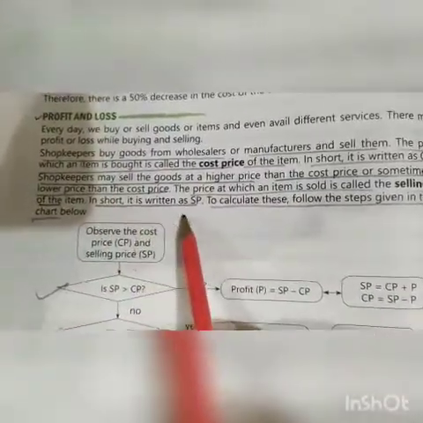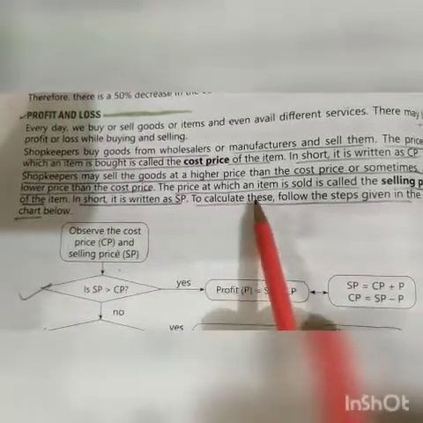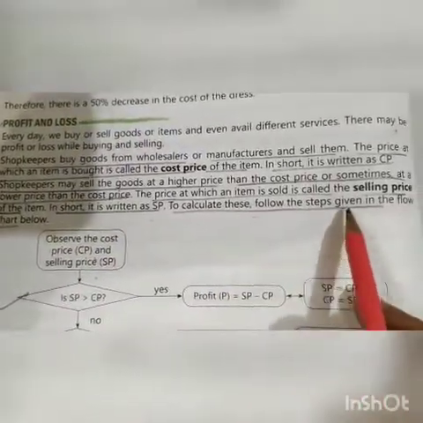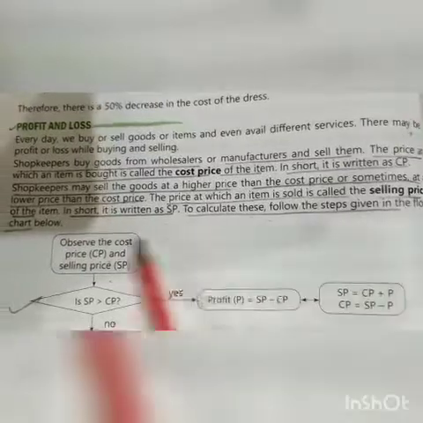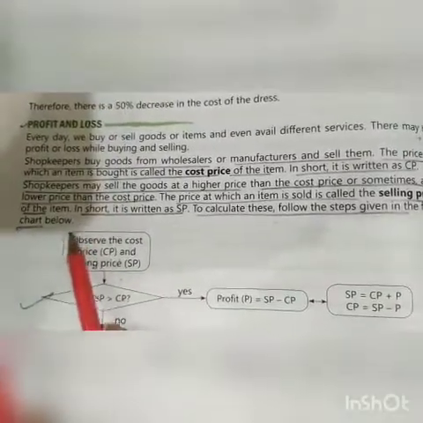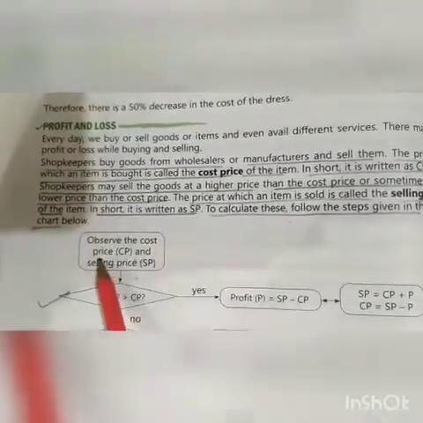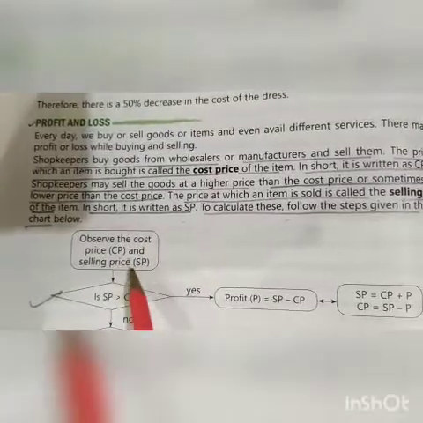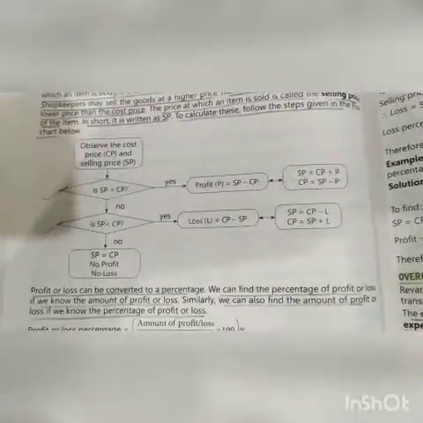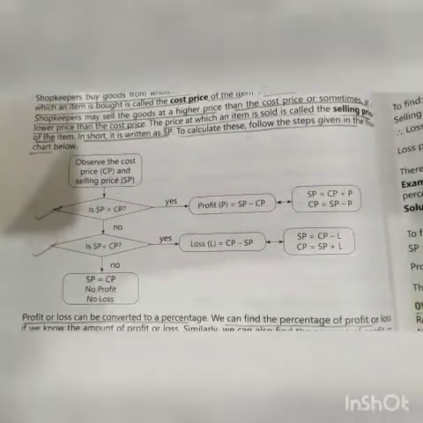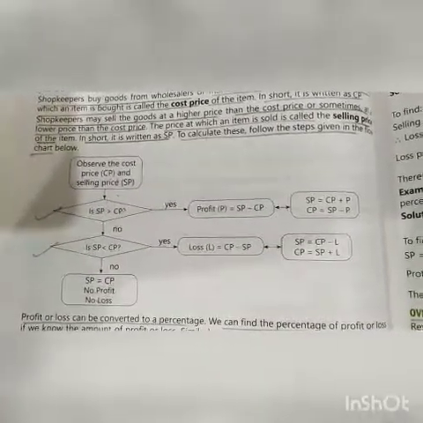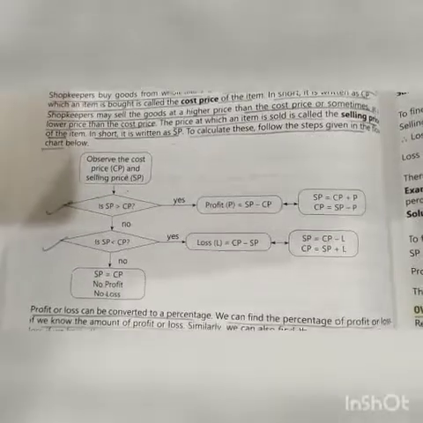In short, it is written as SP. To calculate these, follow the steps given in the flow chart below. Observe the cost price CP and selling price SP. If we have to find profit or loss or profit percent, loss percent in any question, what will we do?